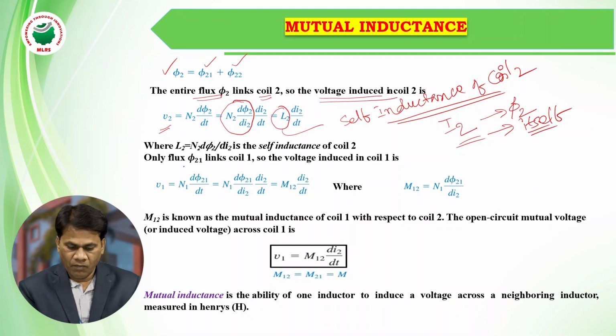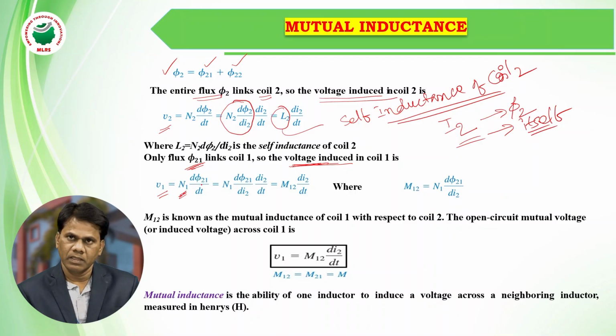Similarly, flux phi 21 is the flux linking with coil 1 when current is flowing in coil 2. Then there may be a voltage induced in coil 1 according to Faraday's law, similar to the previous case. The induced voltage V1 is given by the number of turns in coil 1, N1, times the rate of change of linkage flux.